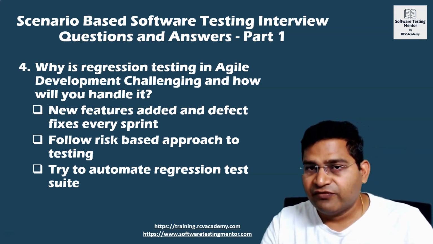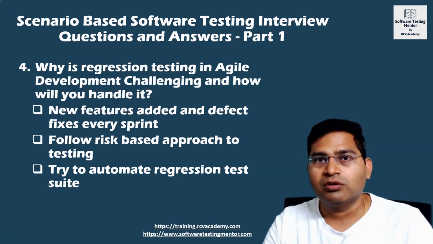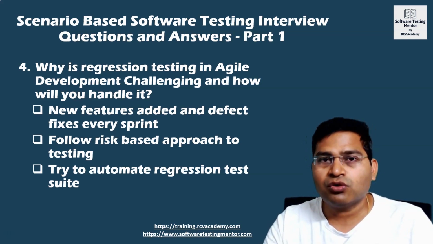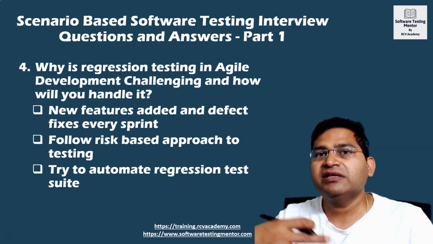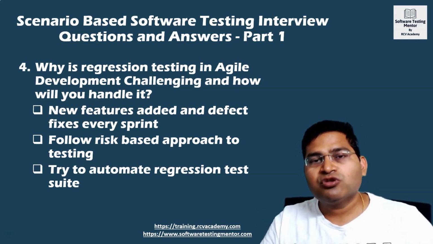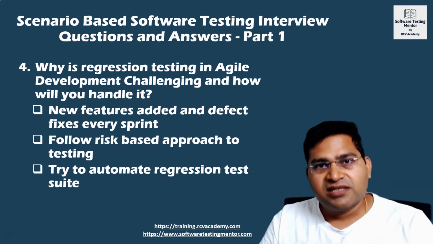Any defect fixes or addition or any changes to the code. Now, in Agile development, there is an addition to the code or changes to the code every sprint. Every next sprint, the development happens on the previous build. So changes are happening continuously on the existing code.